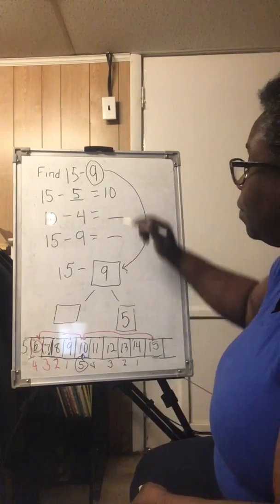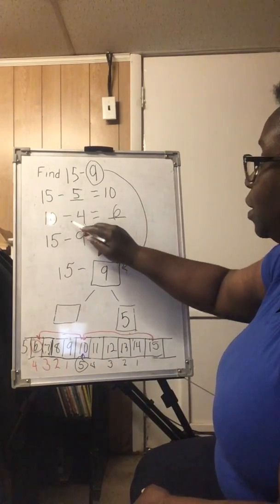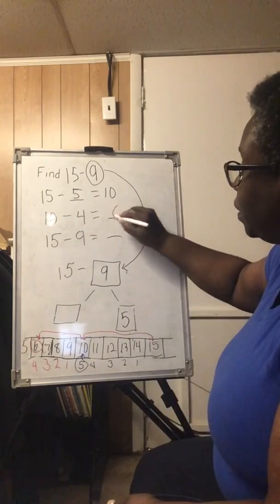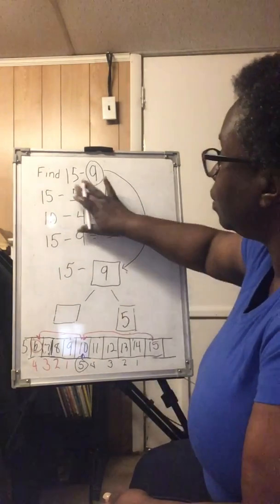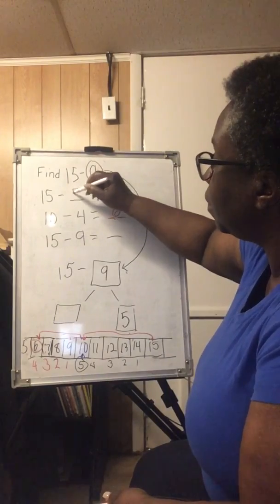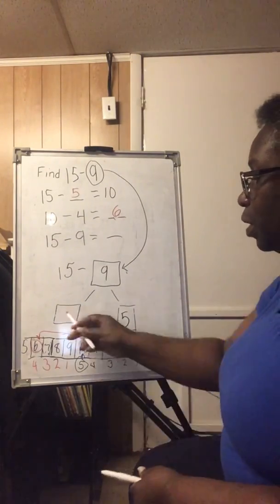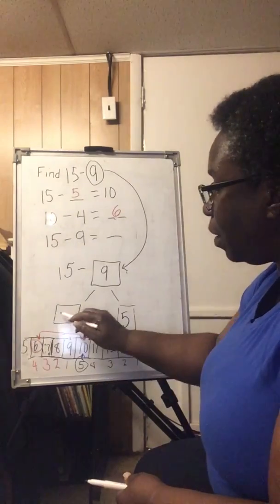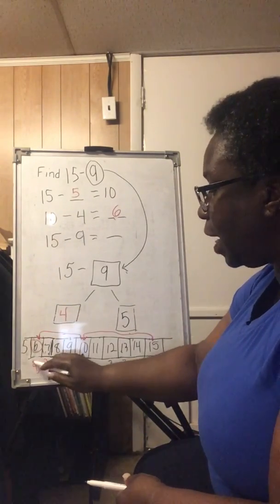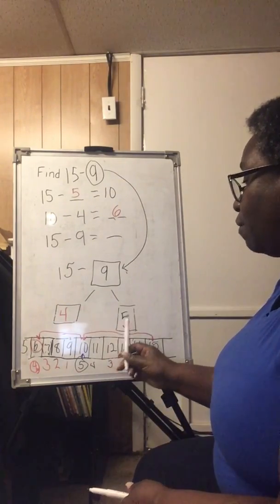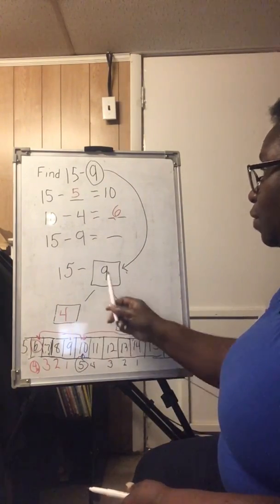Gave us the number 6. 10 minus 4, let's write that in red, gave us the number 6. Let's do this in red too. So 10 minus 4. So what number are we going to put right here? The number 4, because that was the last number we counted right there. So 5 plus 4 gave us our 9.